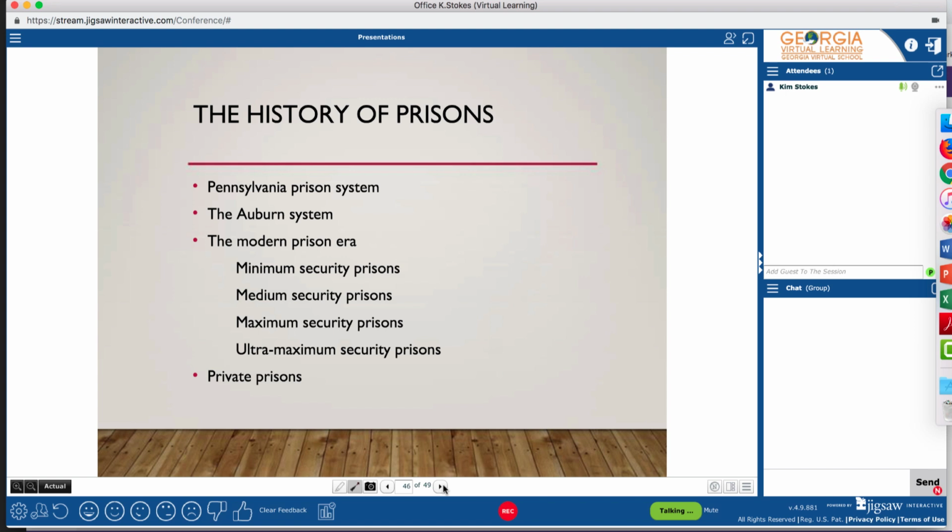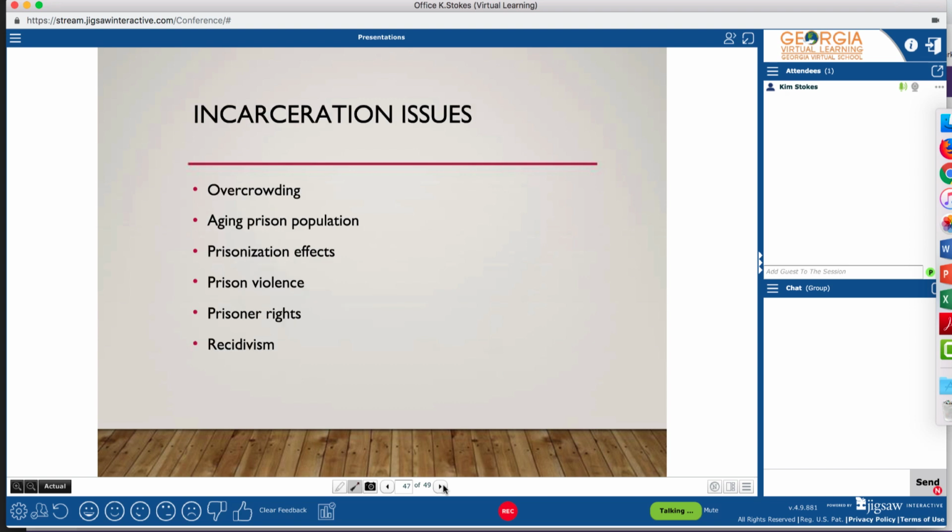There's the Auburn system, the modern prison era, the minimum security prisons, medium security prisons, maximum security prisons, ultra maximum security prisons, and then private prisons. Some issues with incarceration is overcrowding, aging prison population, prisonization effects, prison violence, prisoner rights, and recidivism.